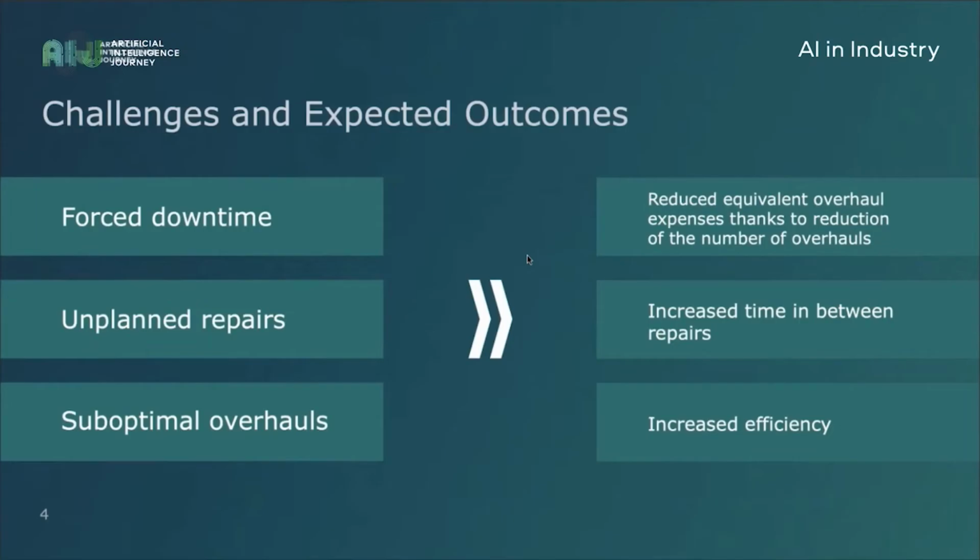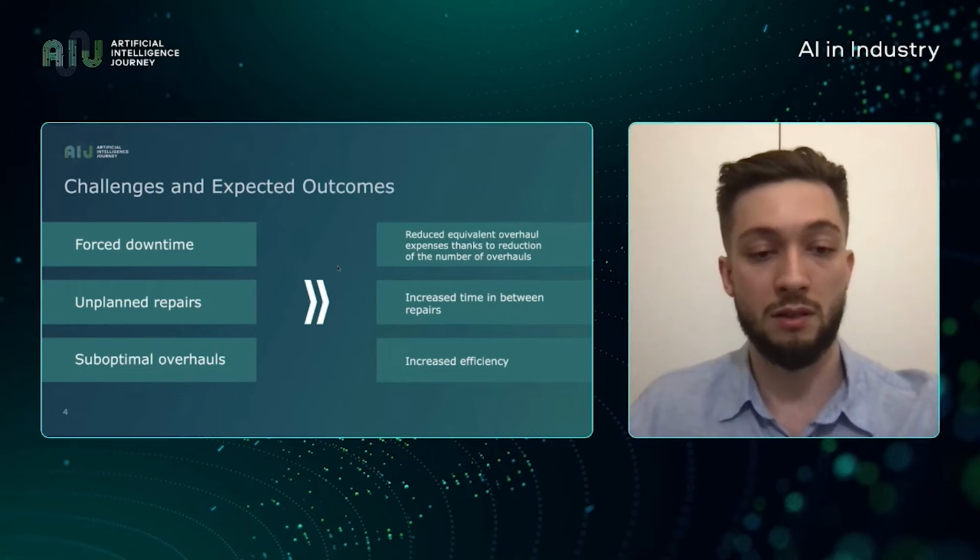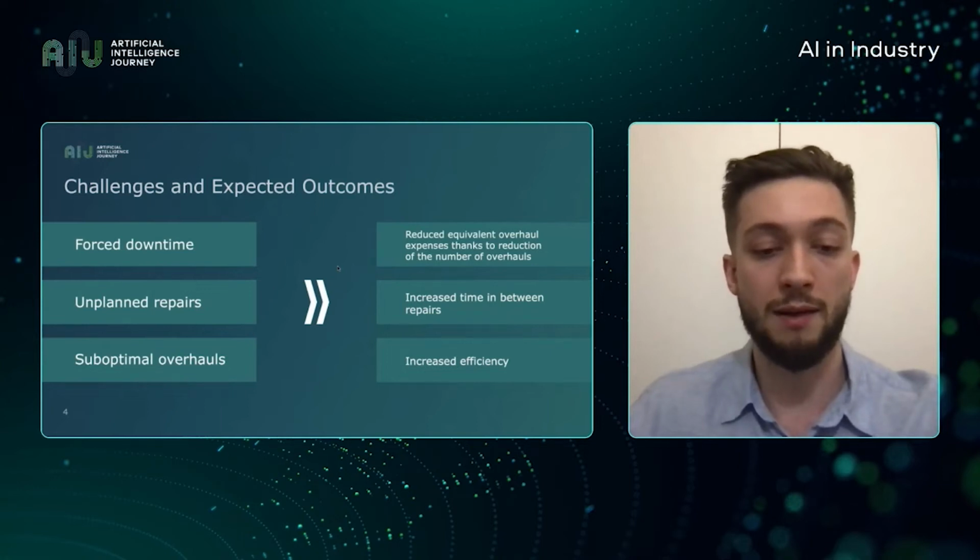At the top level, you have a classical problem like forced downtime. You also have overhauling when you actually identify a defect. Secondly, the existing diagnostic systems do not suggest preventive measures.